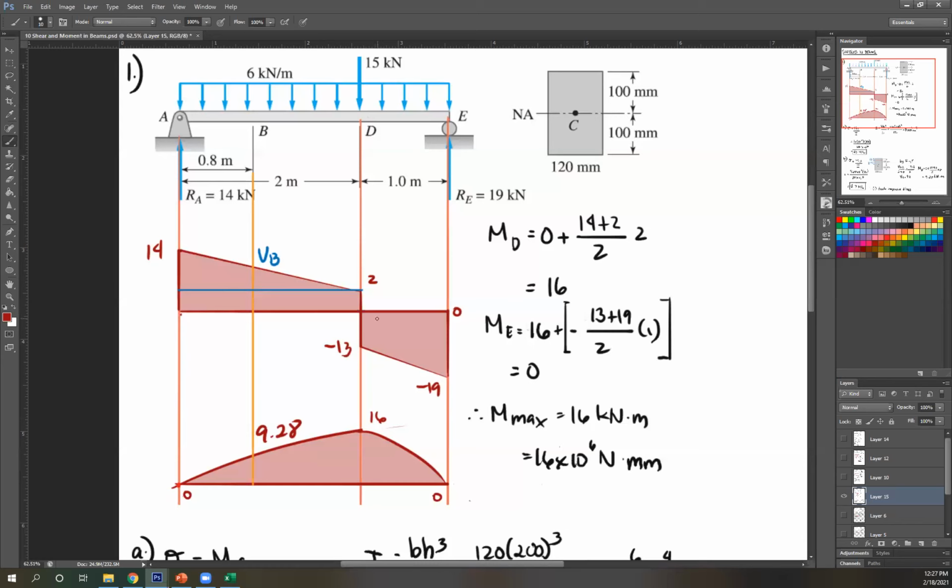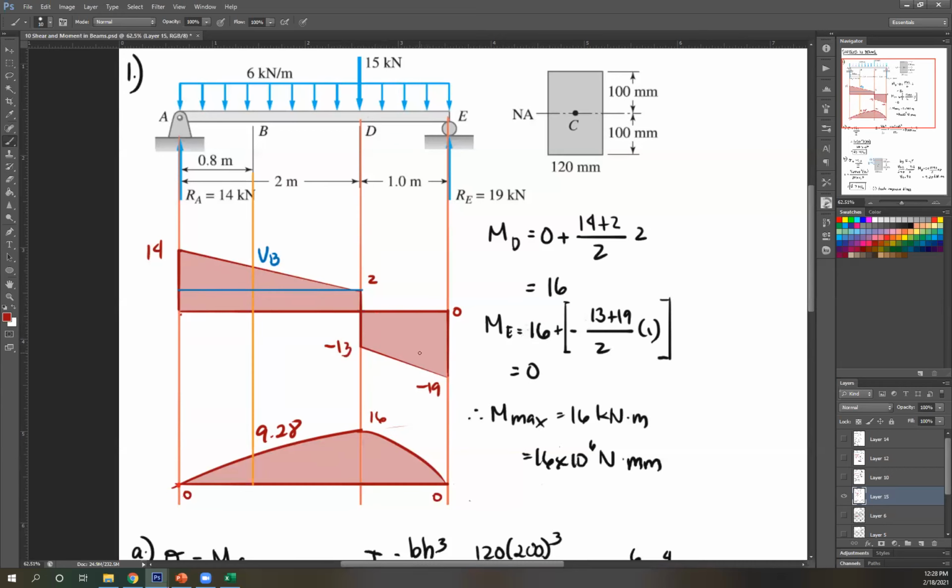Next, I have a negative area since it's below your reference line. So now I go downward. I use a downward parabolic slope since again this is a sloping line. Parabolic slope by how much? Again, it's moment plus area. So considering this segment, the moment at this point, which is 16, plus, this is a negative area, so negative.